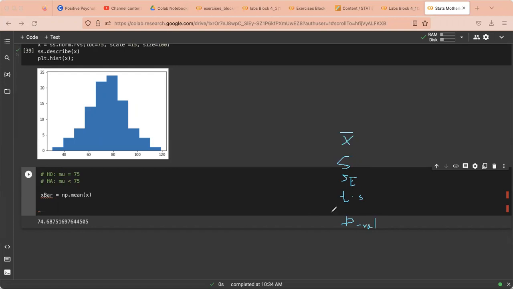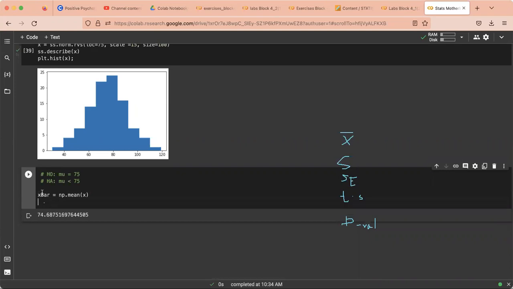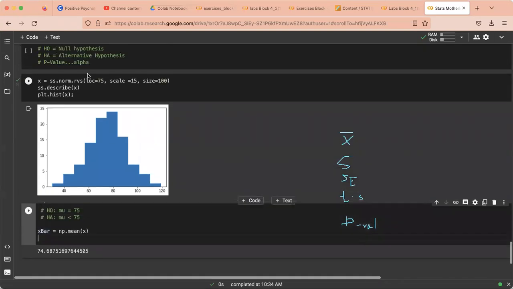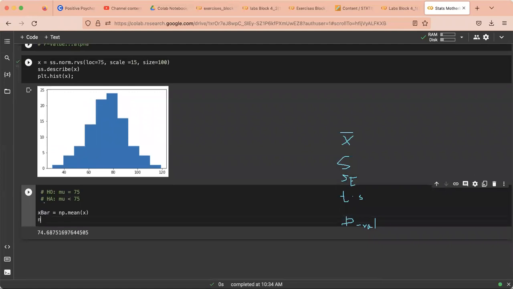Okay, so we have our x bar. What do we do next? Since we're using means, we need to adjust our sigma. That's why it was giving me the red, because I had put a space before it. So we need to adjust our sigma for the degrees of freedom.